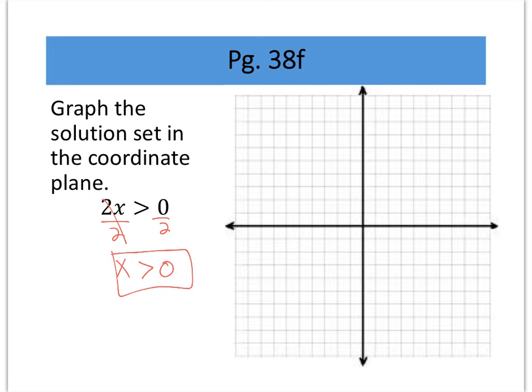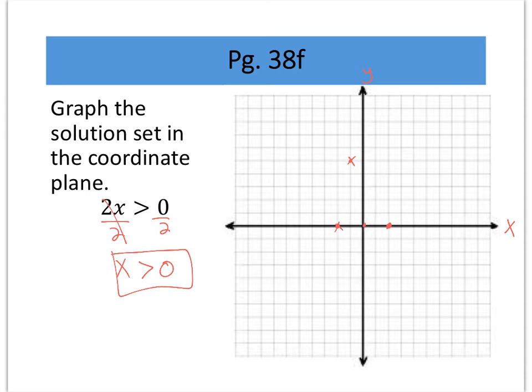Which values of x are greater than 0? I've got my x-axis, I've got my y-axis. Which values of x are greater than 0? Well, here, is x greater than 0? No. Is x greater than 0? No. Is x greater than 0? Yes, absolutely.